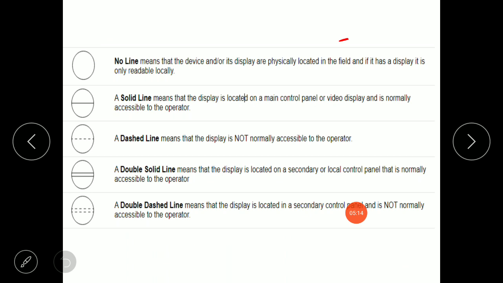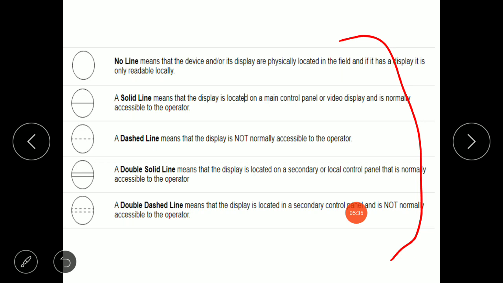The horizontal lines or lack of lines will tell you whether the instrumentation is located, whether it is not, or it is accessible to the operator or not. These are the various conditions.